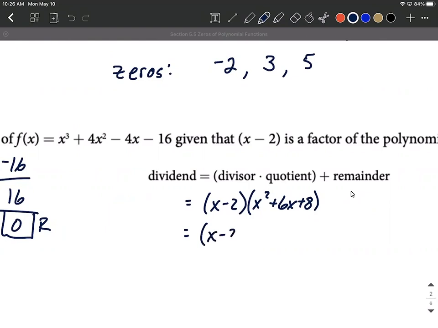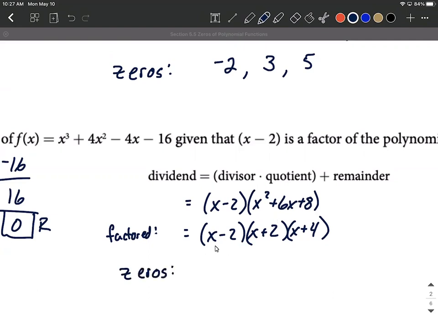A little bit more factoring that we can do in this case. I think we should be able to factor that second degree polynomial by hand at this point. We have x and x to make the x squared, 2 and 4 to make the 8, and both have to be positive to make a positive 6x in the middle. So again, that's factored form. We factored f of x completely, and now let's list out all of the zeros.